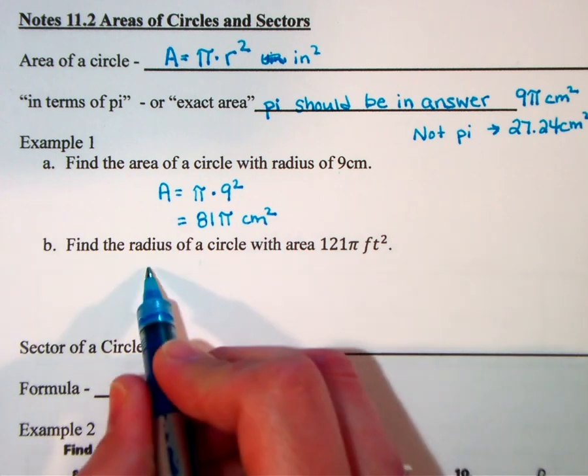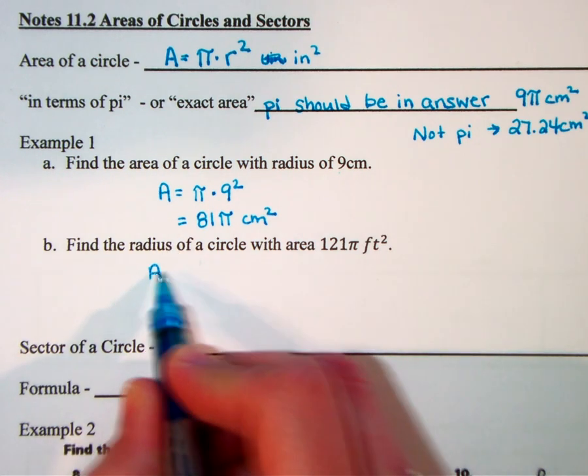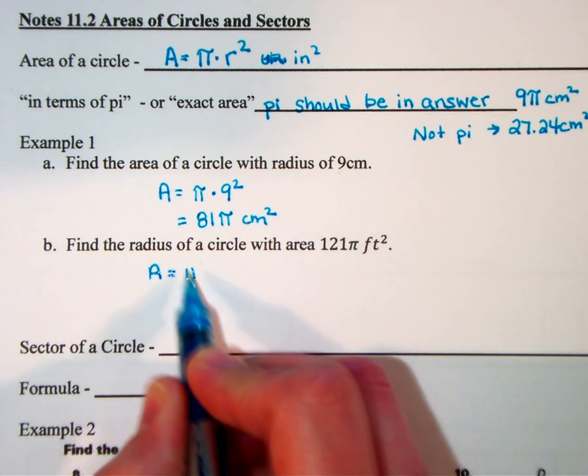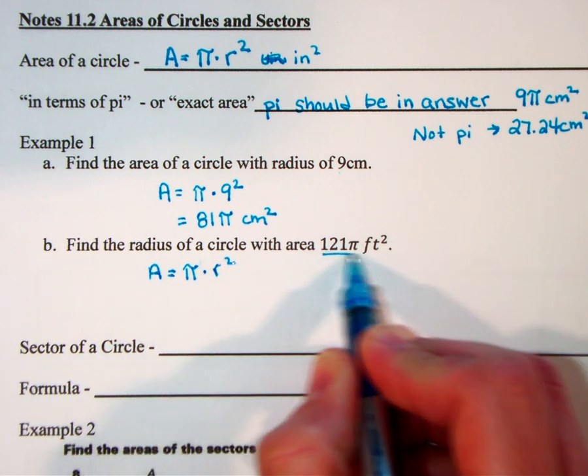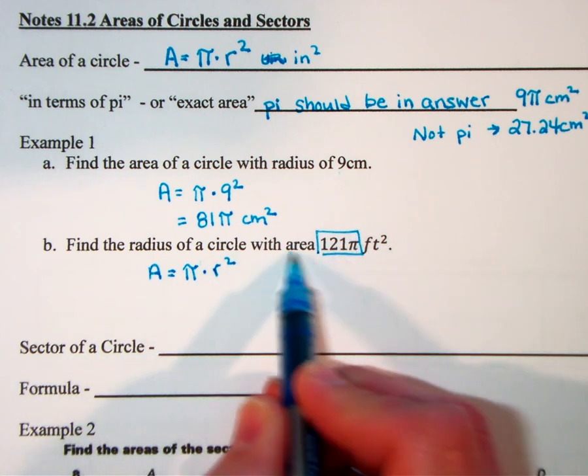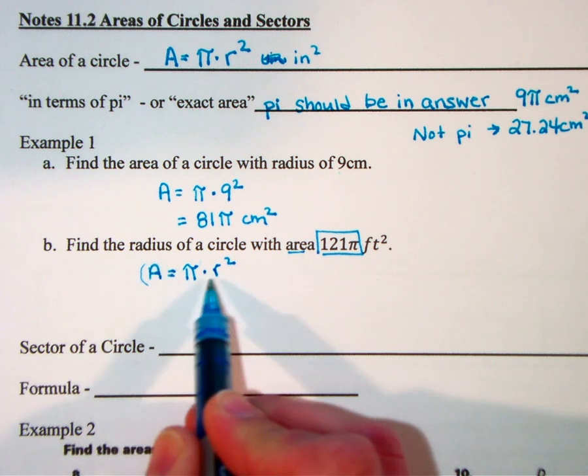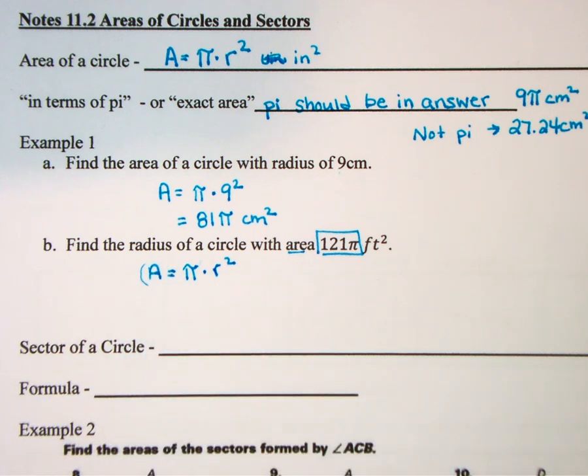So the reason I keep putting area equals is that sometimes the number you have in the problem is going to replace the area instead of replacing the radius. Now you may already know the answer for this, but just humor me and let's go through the process here, because what if it's a number that you don't know?